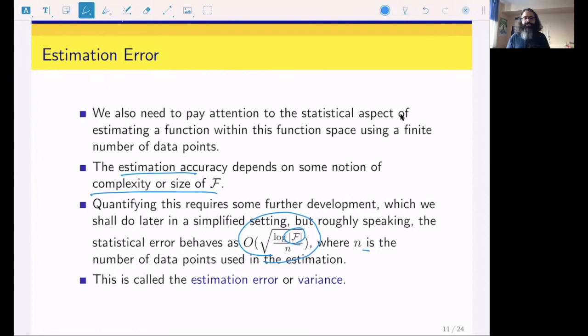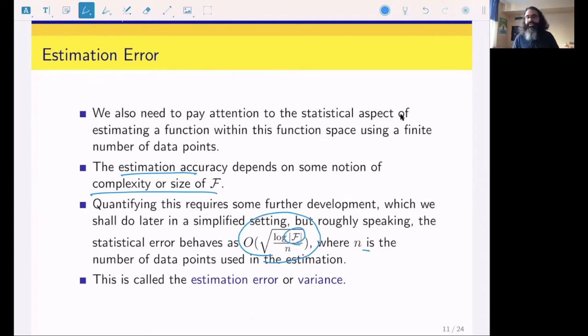So when the function space becomes very large, the effective number of members of it would grow. And as a result, the estimation error also grows. And we can also see the effect of dimension in this estimation error too.